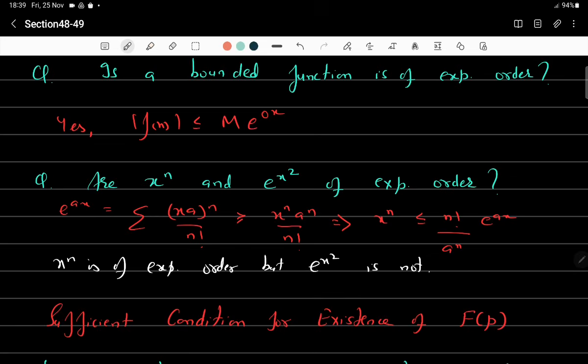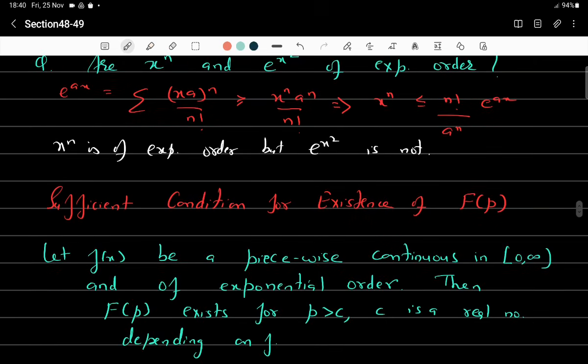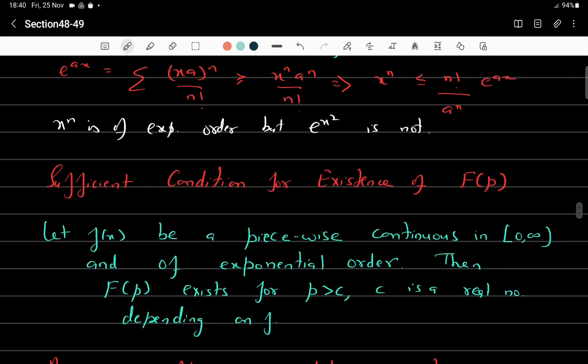Again, we are not going into the detail of how we prove it. We just want to see what it means, because it is required for the sufficient condition for the existence of a Laplace transform. So the sufficient condition says that if f of x is a piecewise continuous function and is of exponential order, then f of p always exists. Piecewise continuous means something like this.